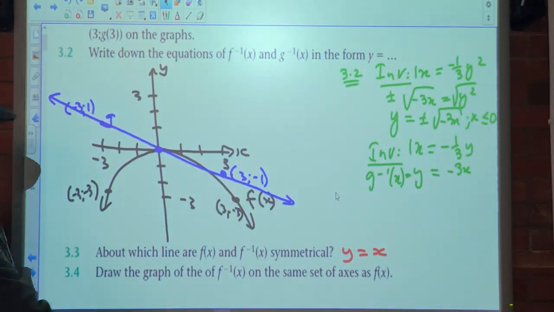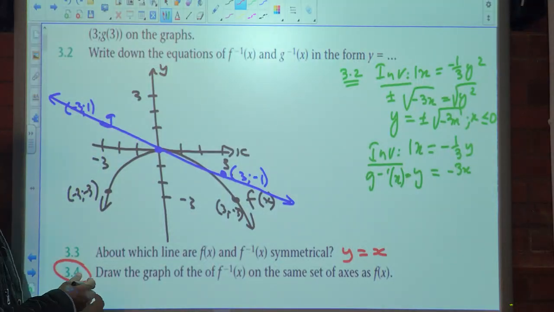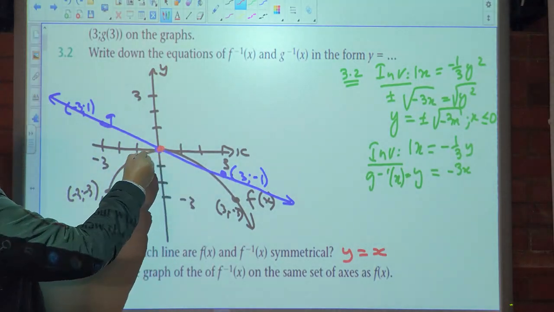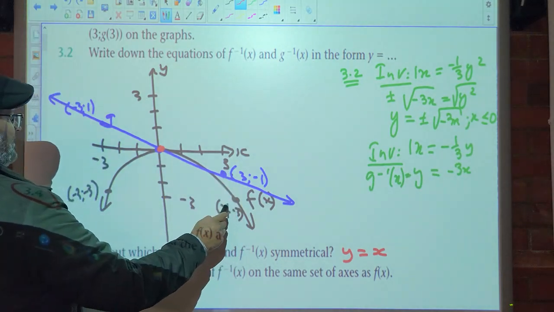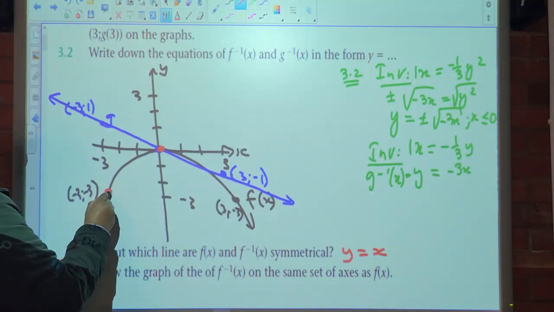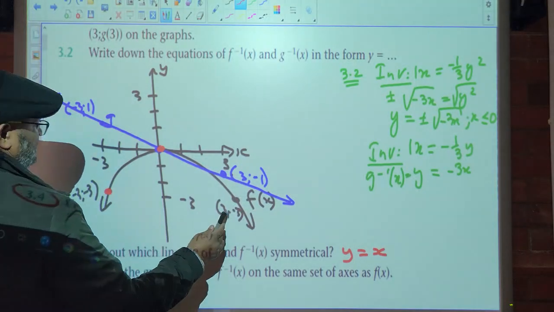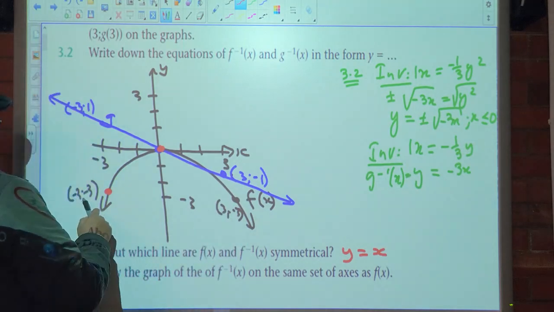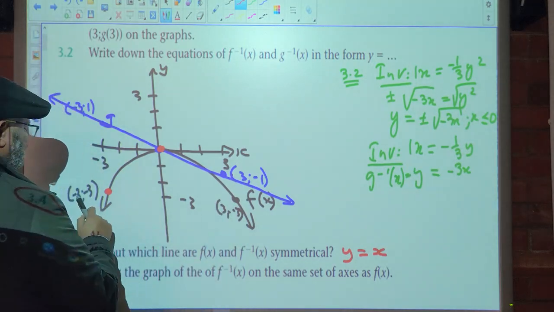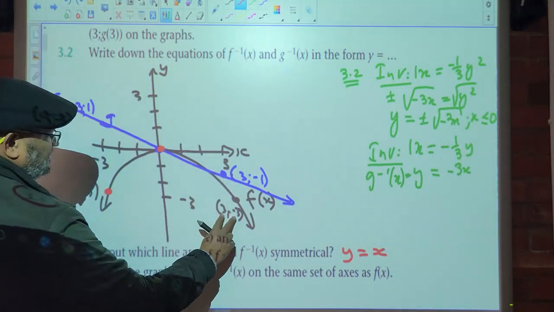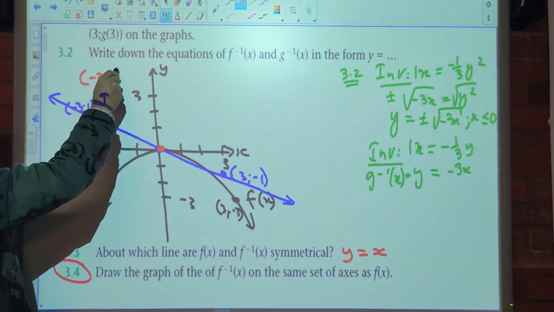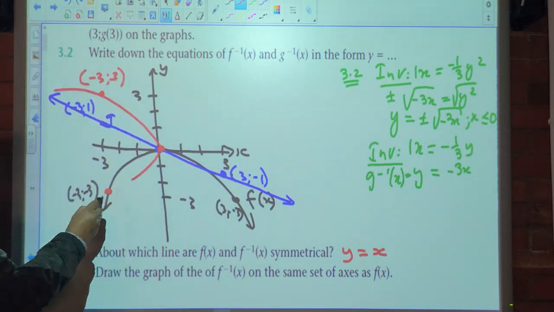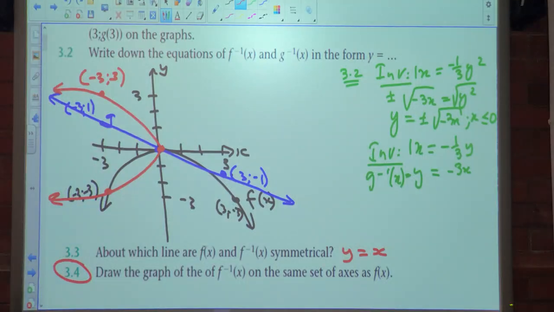So we're going to draw the inverse of f. 0 and 0 remains 0 and 0. 3 and minus 3 becomes minus 3 and 3, which is this point here. And there's that graph. This is the inverse.